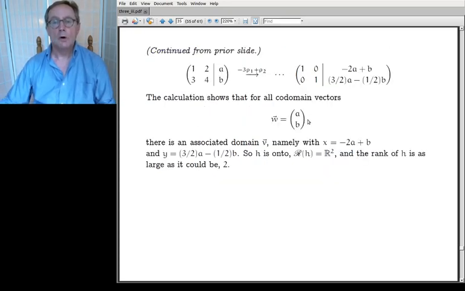For all codomain vectors A and B, there's an associated domain vector V, namely x is minus 2A plus B, and y is 3/2 A minus 1/2 B. So the map is onto, the range space of the map is all of the codomain R squared. And the rank of H is 2.